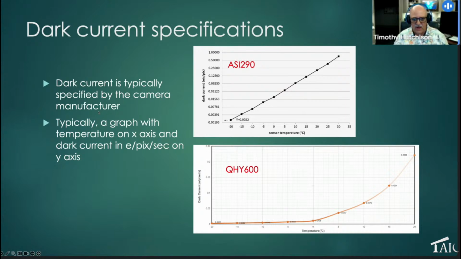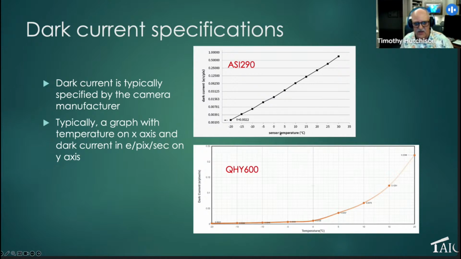And what we're showing here on the x-axis, you notice, is the temperature of the sensor. And on the y-axis, we have the number of electrons per second per pixel that's going to be induced into that photodiode as the temperature of the sensor changes, right?